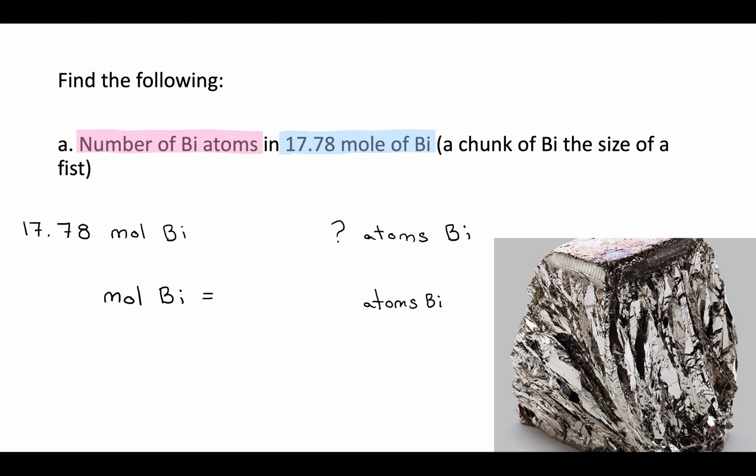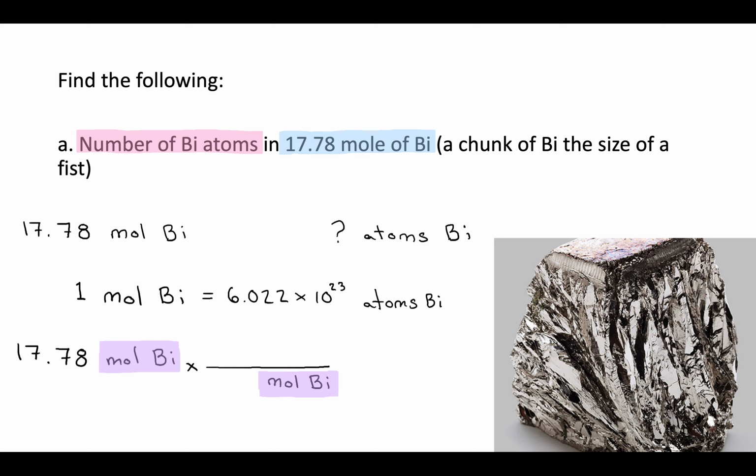We just saw that 1 mole of anything is equal to 6.022 times 10 to the 23rd of that thing. So 1 mole of bismuth atoms is going to be 6.022 times 10 to the 23rd bismuth atoms. Now that we have the conversion factor, we can take the number they gave us, which was 17.78 moles of bismuth, write a multiplication sign, fraction bar.